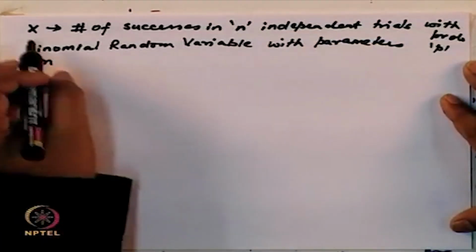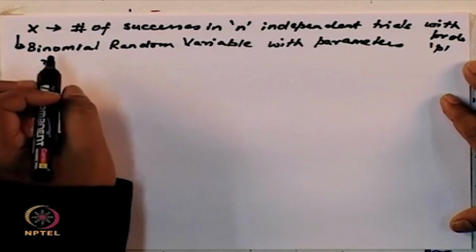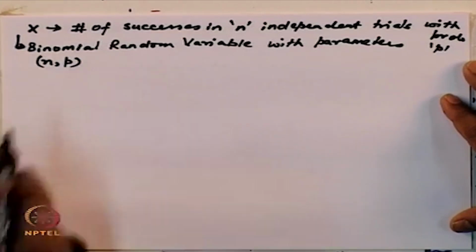So, x is called a binomial random variable with parameters n comma p.